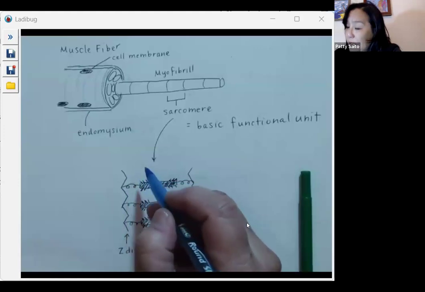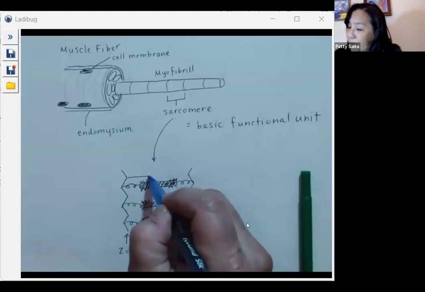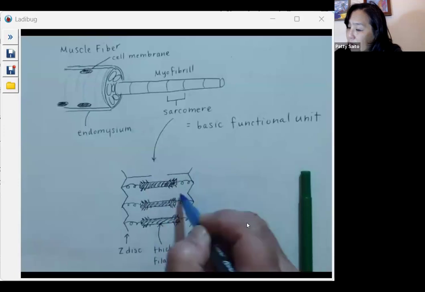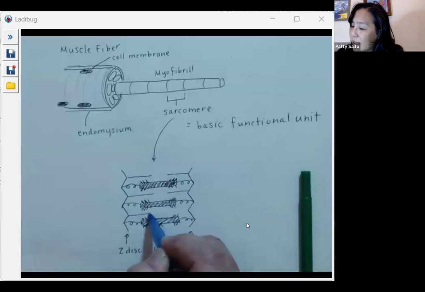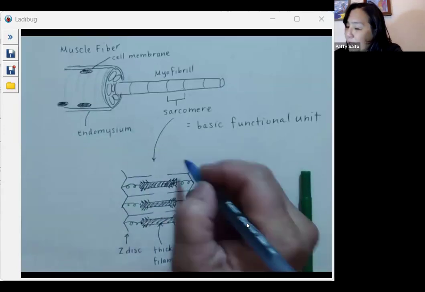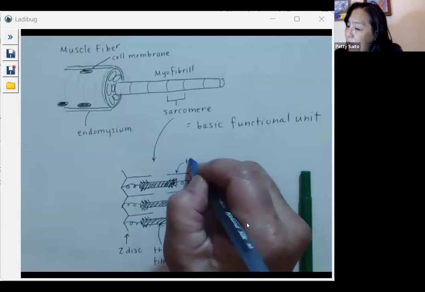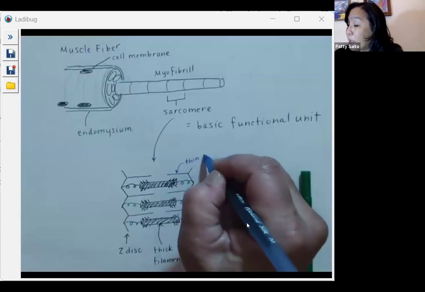Okay, the thin filaments are located interspersed amongst that. So these are the thin filaments or thin myofilaments.